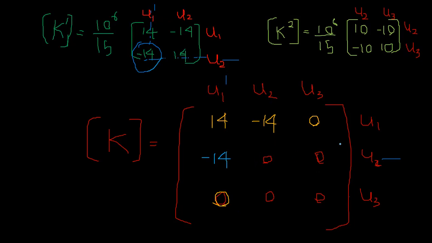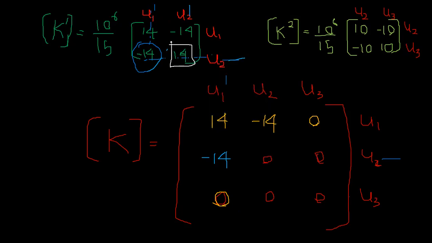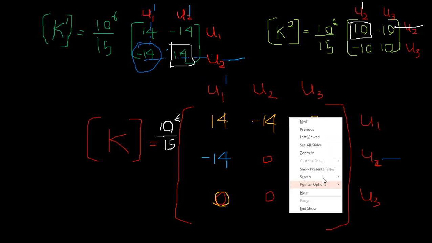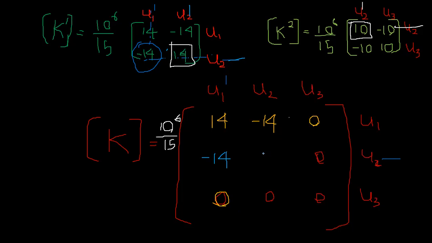And U2, U2: you have U2, U2 in this matrix as well as U2, U2 in this matrix. In such a case, you just need to add those values, with 10 to the power 6 factored out. So you have to add those: 10 plus 14 means 24.